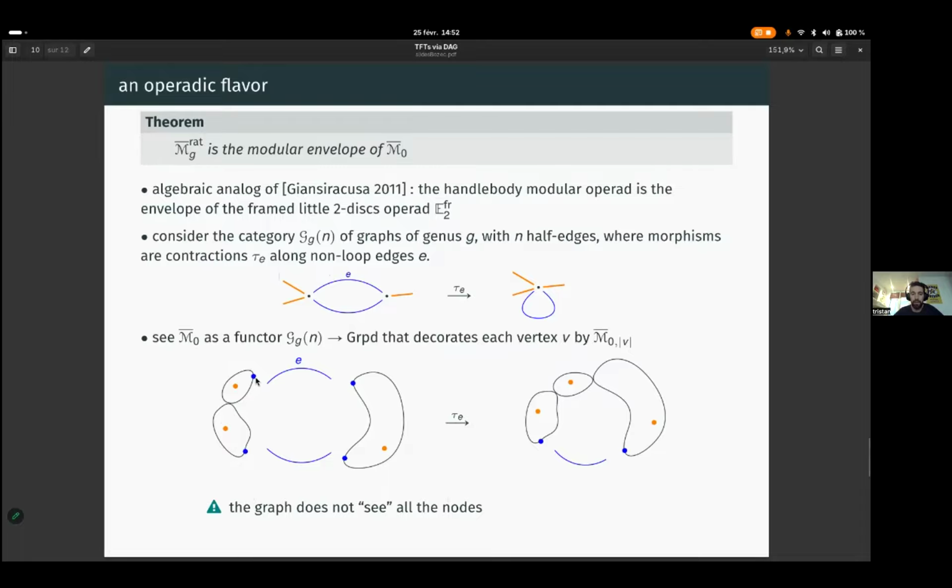Contracting means that I put two of these blue nodes together, and then it just disappears. It becomes an inside node. So at this vertex here, I now have a genus 0 curve with 3 irreducible components.